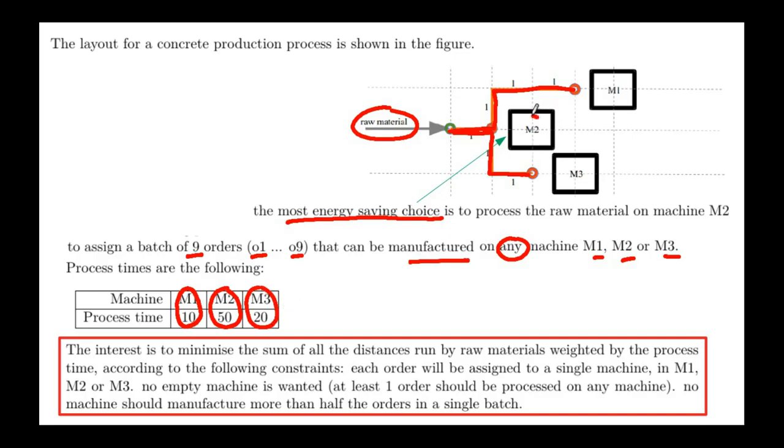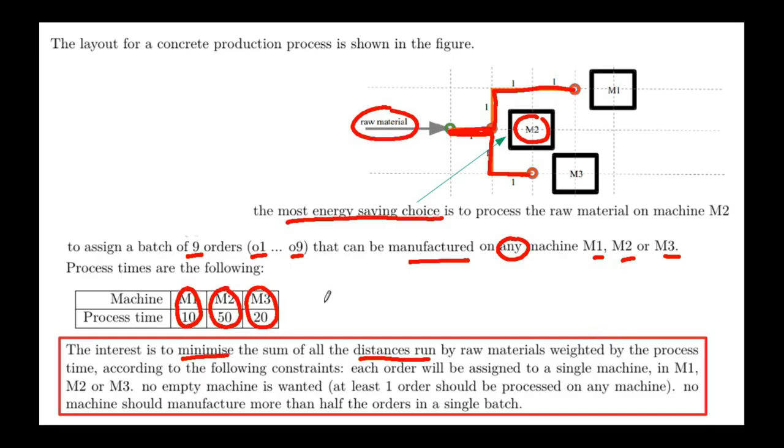So machine number 2, which has the smallest Manhattan distance, spends a lot of time doing the whole process. So our interest is to minimize, that's the key word of this problem, minimize the sum of all the distances run by raw material weighted by the process time.